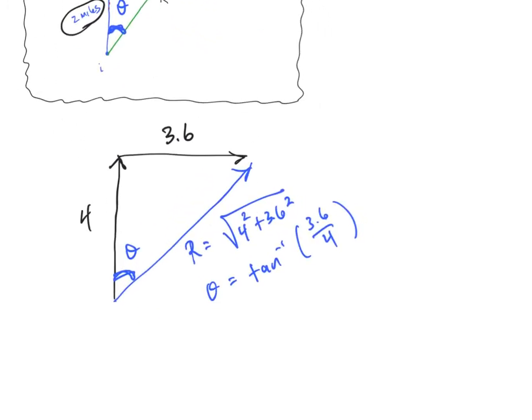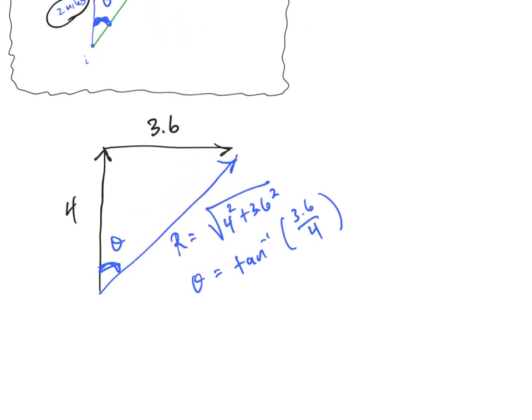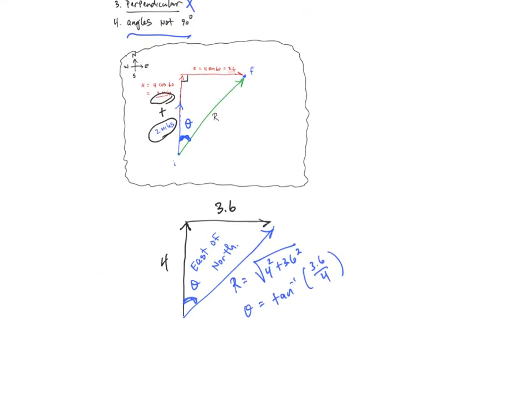If I wanted to use words to indicate this direction, whatever that degree is, it would be some degree east of north. Some of you may wonder about this occasionally: there is an equivalent way of thinking about this, which I didn't do.